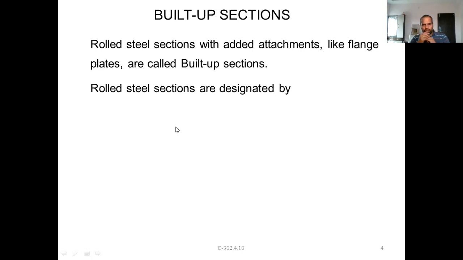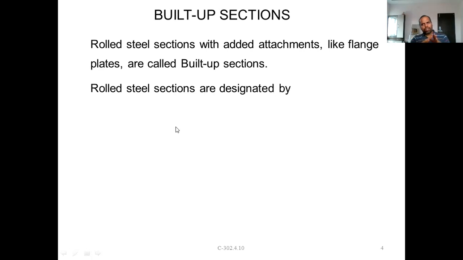Okay, so, rolled steel section. First of all, what are rolled steel sections? Rolled steel sections are nothing but sections which are manufactured in a unit, in an industry, in a company, in a controlled environment with some standard dimensions, right?